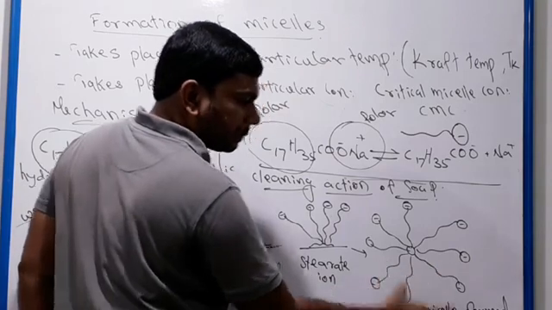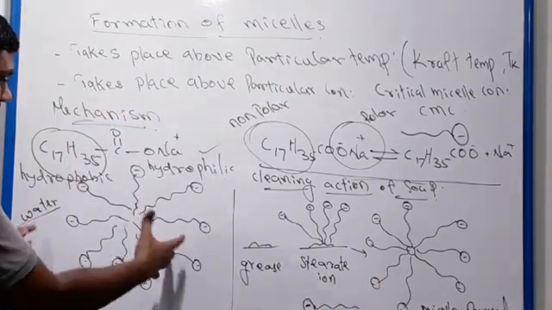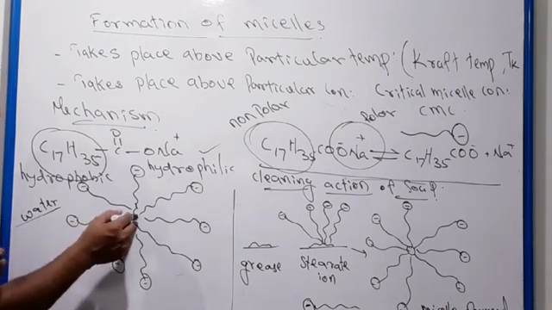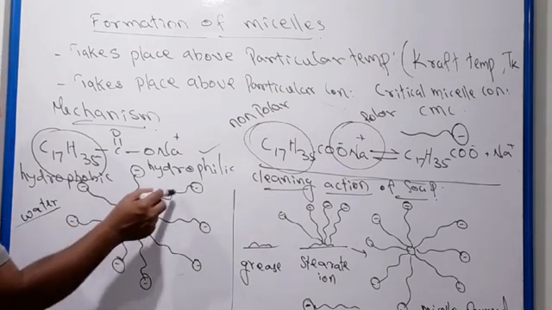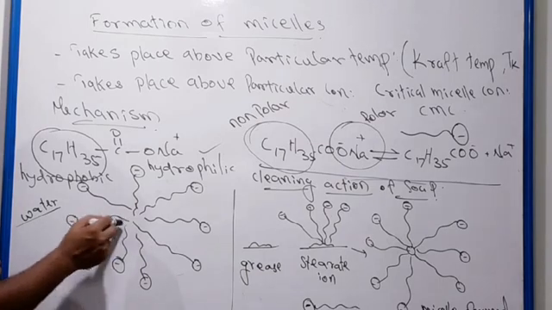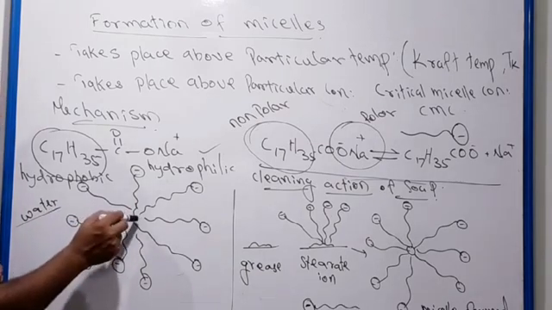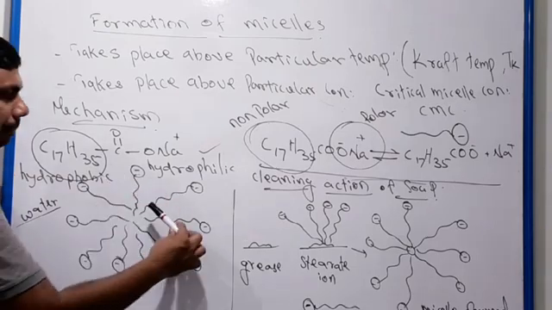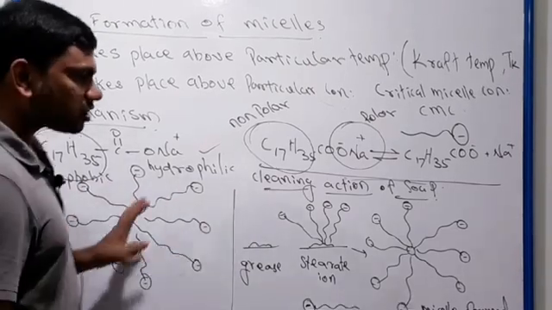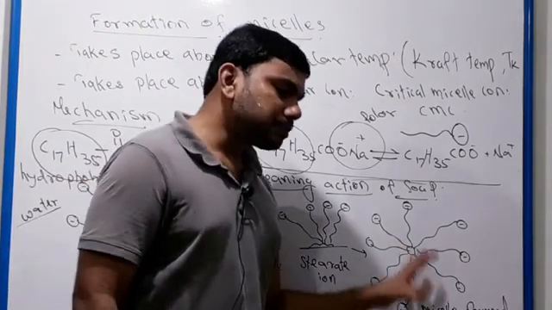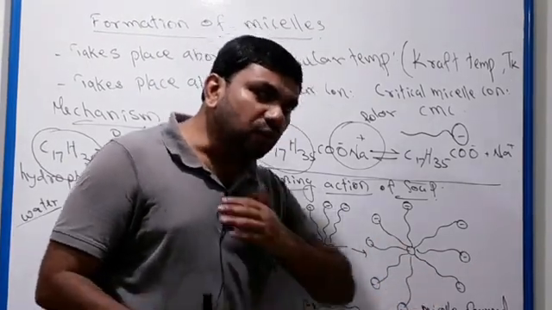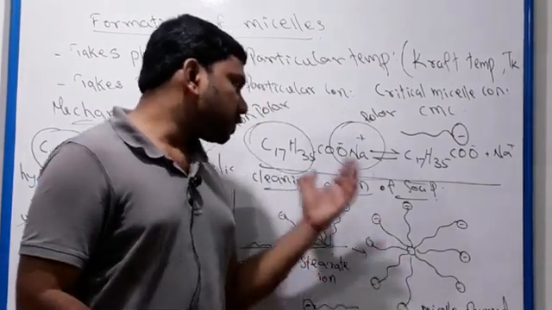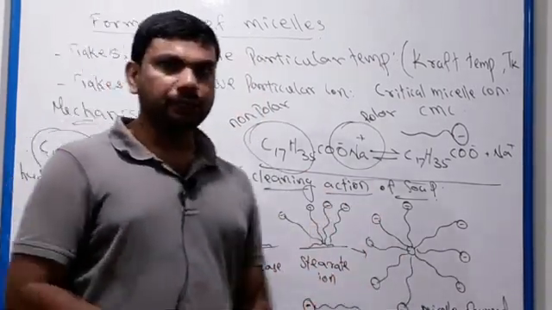This structure is called a micelle. This is the enlarged structure of the micelle. In the middle there will be oil or grease, and all the hydrocarbon parts will attract on the oil or grease, and all the hydrophilic parts will be away from this. The micelle will move away from the cloth with water molecules. Thus soap helps with cleaning.